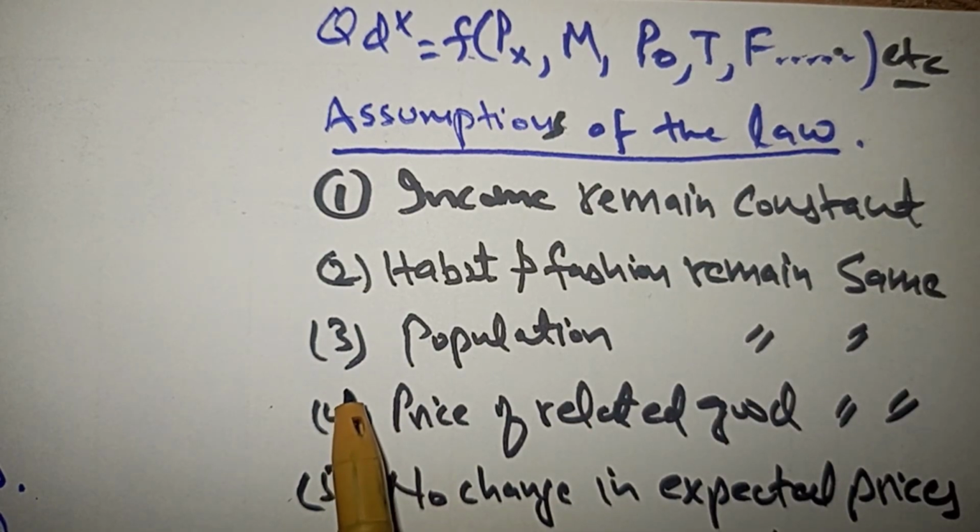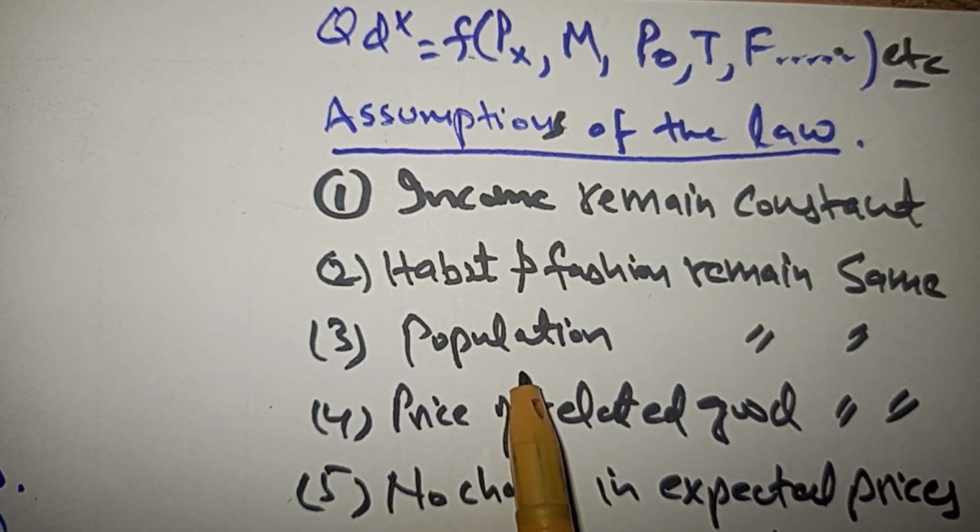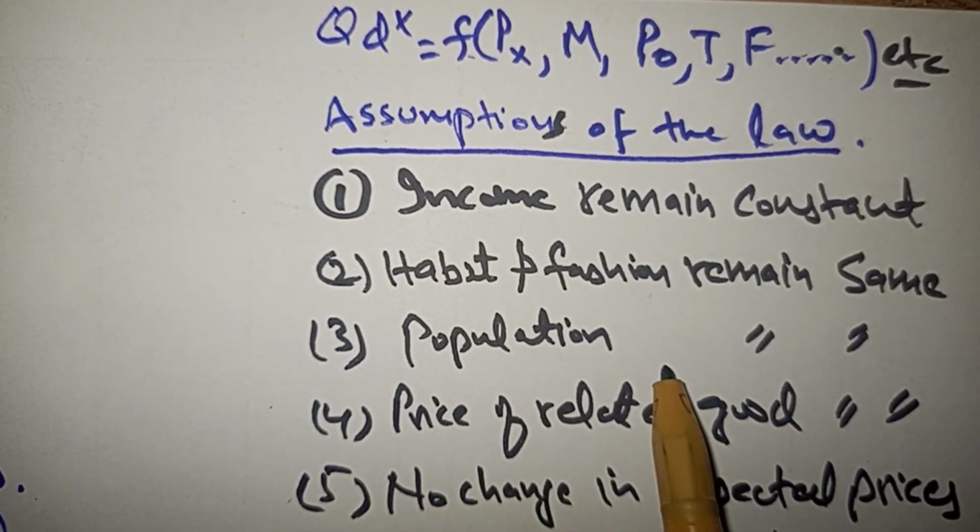Now number 3, population. Here we assume that the population remains constant. It will not increase.